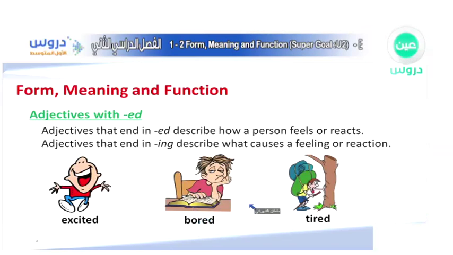So he makes us bored of him. This man is tiring. We are getting tired of him. So when we say ed, it's his feeling. When we say ing, it's our feeling. Okay? Is it okay now? Is it okay for you?